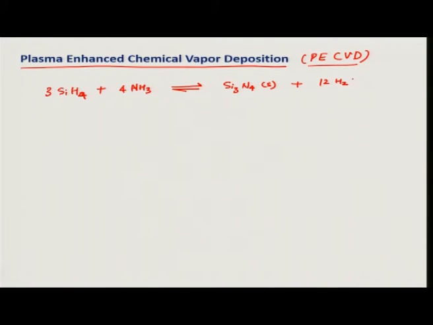Now, this reaction happens at around 700 degrees C.